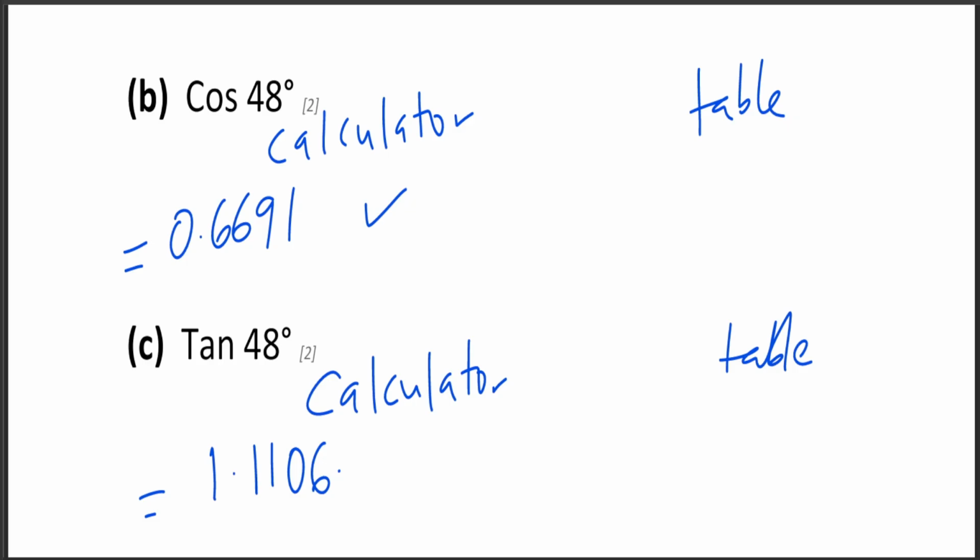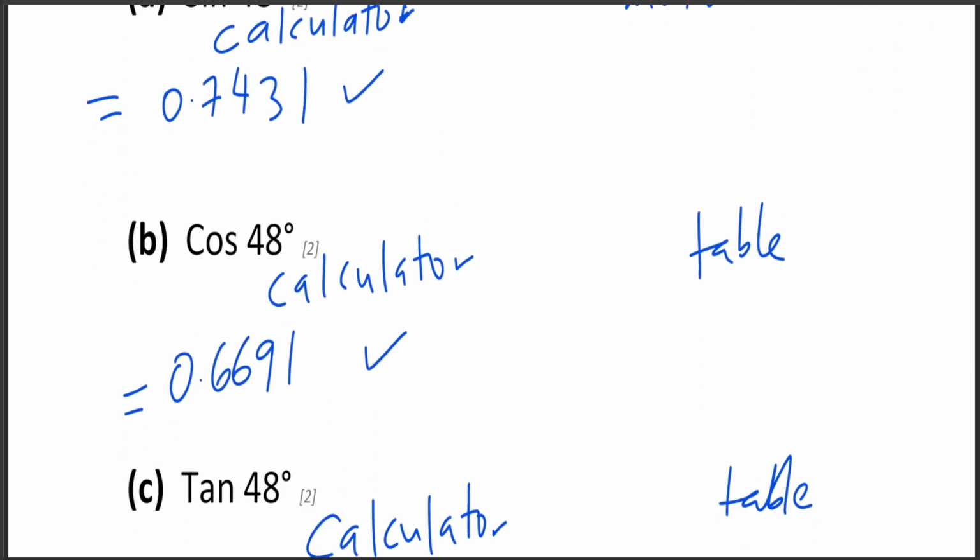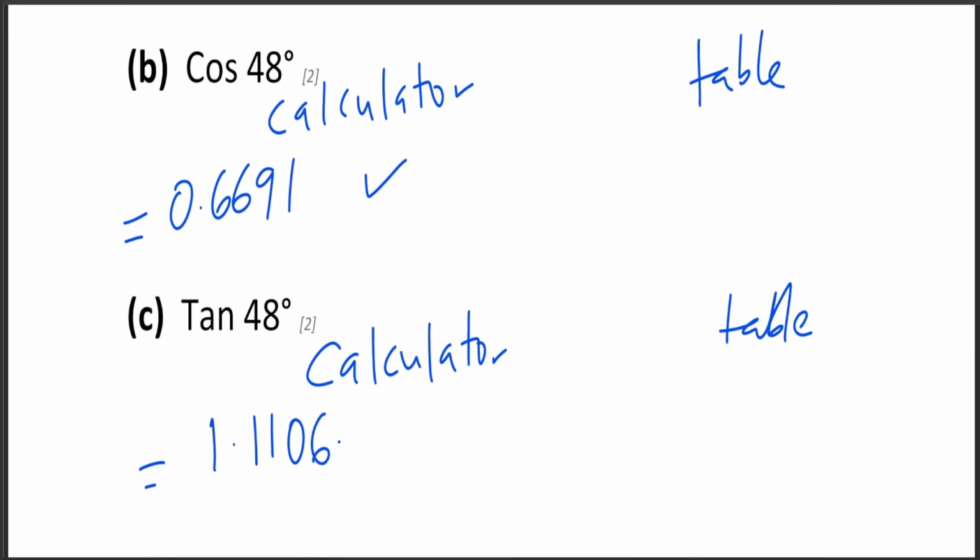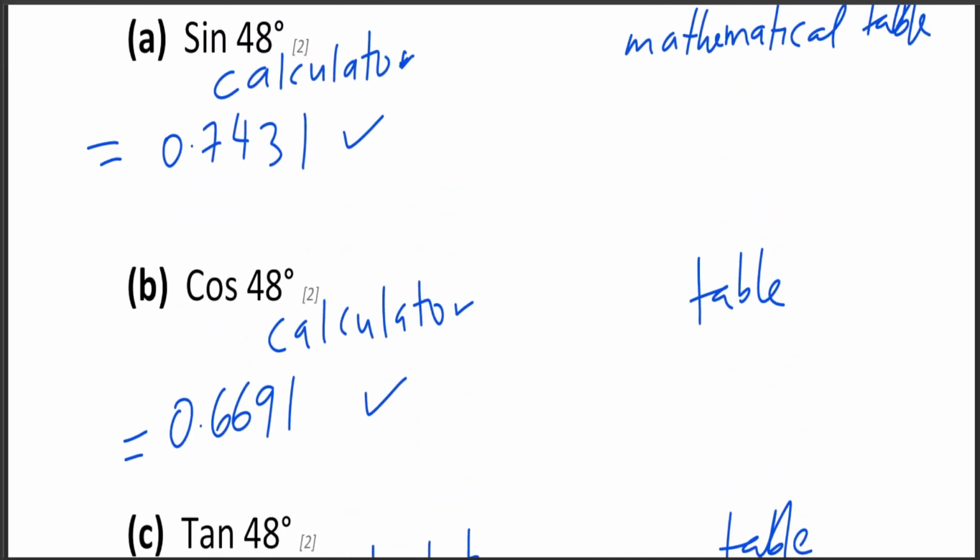Sawa, ataweza angalia calculator yako pia uka confirm like 4 decimal places, hujaambiwa 4 significant figures, 4 decimal places. Sawa, now let's look at the tables.